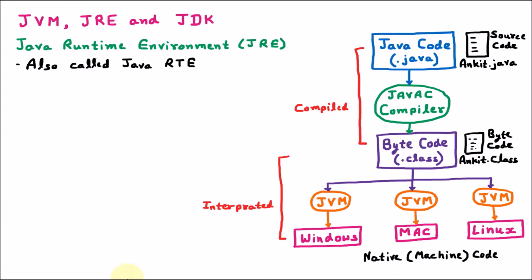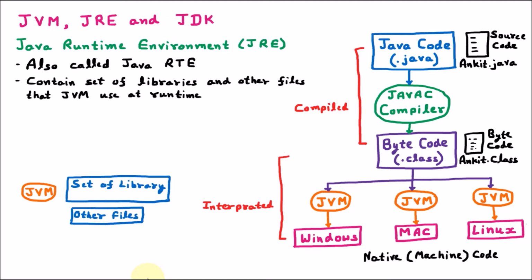We know that inside Java we use the JVM. JVM uses a certain set of libraries. So here JRE, which is Java Runtime Environment, contains a set of libraries and other files that the JVM uses for runtime. So JRE provides a set of libraries, just like the archive files, which are .jar.